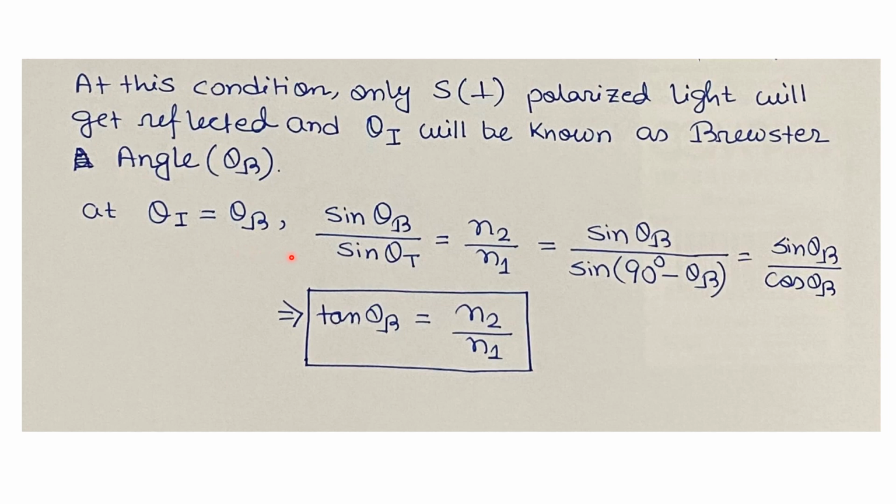By applying Snell's law, we get sin theta b by sin theta t equals n2 by n1. Now our theta t is basically 90 degree minus theta b according to our condition for Brewster angle. So effectively we get sin theta b by cos theta b equals n2 by n1, that is, tan theta b equals n2 by n1.